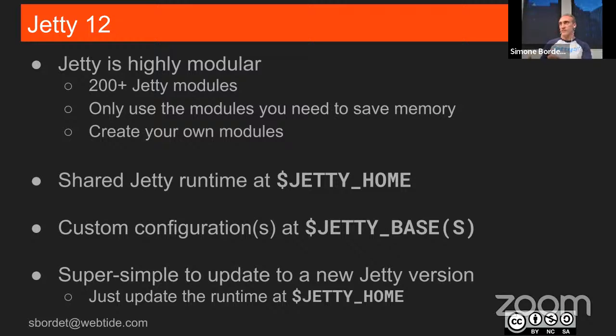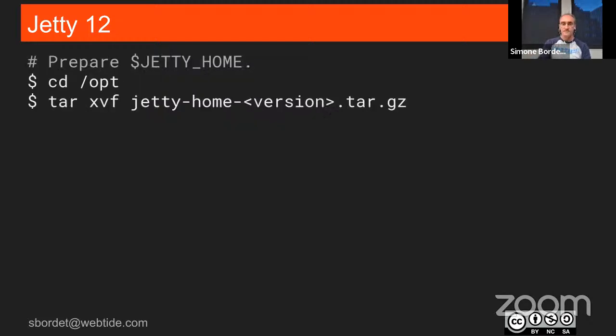Then your configurations are in a different place that we call Jetty Base. There you say, okay, in this particular Jetty Base directory, I want to have only the HTTP1 clear text support, and that's it. Or in this other directory, a different Jetty Base, I want to have HTTP2 and HTTP3 and HTTP1 support. And so this is how you do it, super simple.